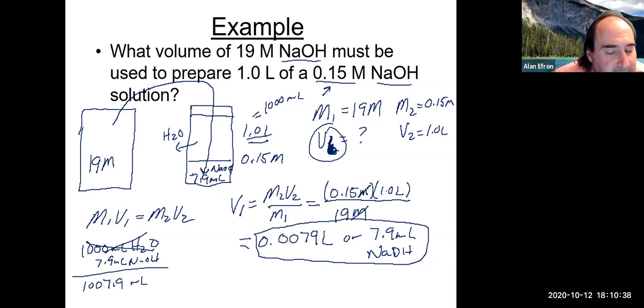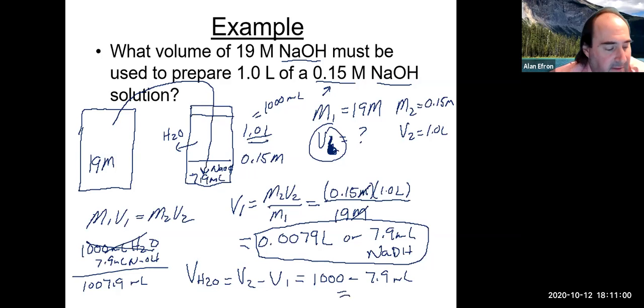So you may be asked, how much water should I put in there? Typically, to find the volume of water you need to add, you take V2 minus V1. V2 is your final volume. V1 is your initial volume. If you take 1,000 milliliters minus our 7.9 milliliters in this particular case, that will tell you about 992.1 milliliters of water would also need to be added.